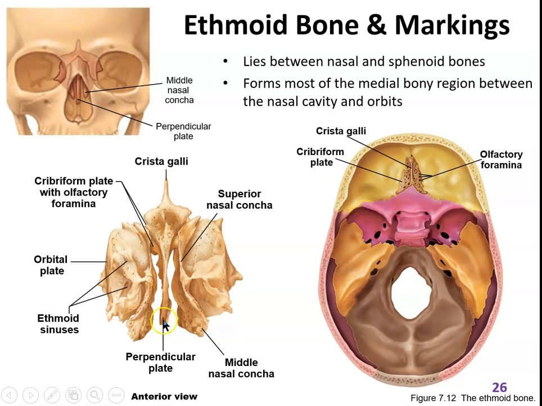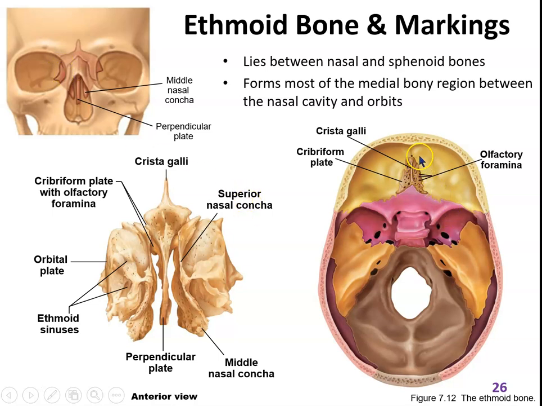It has the perpendicular plate that separates your nasal cavity into two halves. This is one of the two. There are two bones that work together to form this septum in your nasal cavity that separates it into a left and right part. It also has an orbital plate that forms part of the orbital cavity.